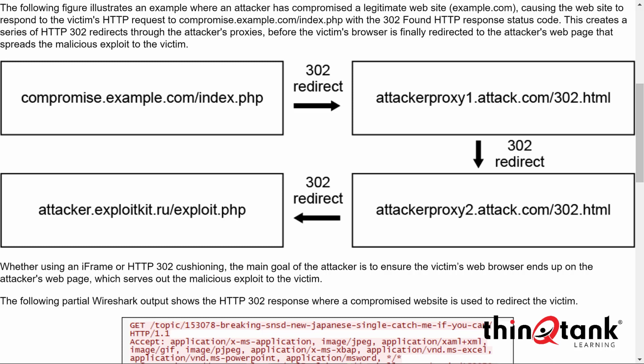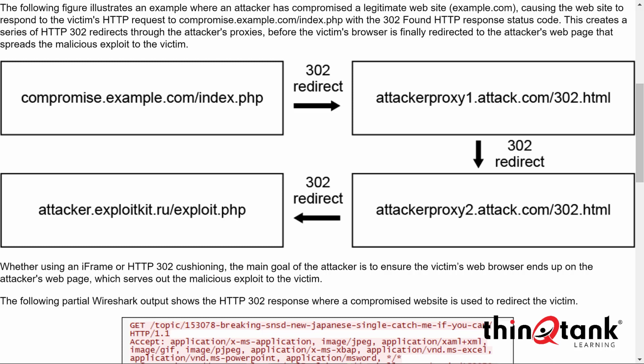We actually use HTTP 302 redirects over iframes to evade detection by your traditional signature-based IDS and IPS engines. Now, this technique is not new. It's actually been around for quite some time, almost 10 years or so. I think it came out somewhere around 2012, 2013.